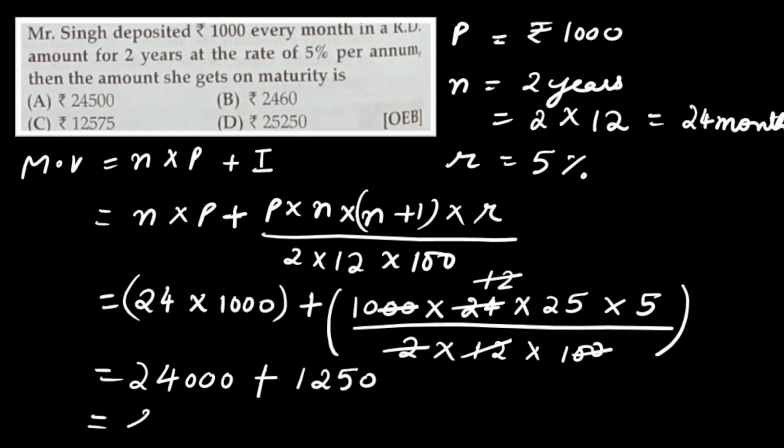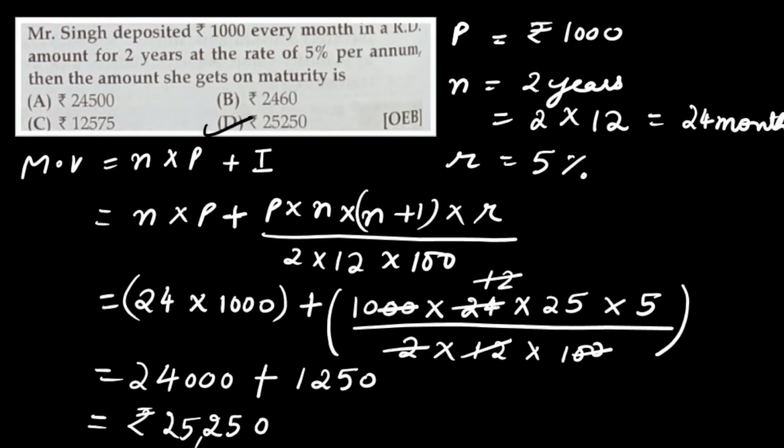So on adding these two, we'll get 25,250. Yes, so Rihan and Jayashree have given the answer. Even Sanika has given the answer. So 25,250.